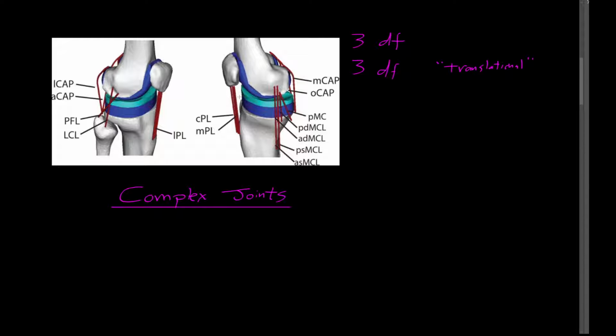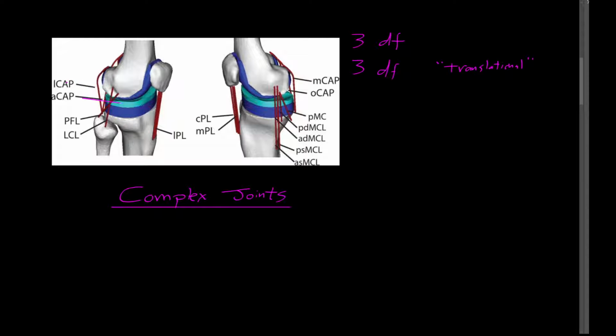So the knee can flex and extend about the axis here, and that's the major motion of the knee. It also internally and externally rotates a little bit. It can even adduct and abduct, rotating about an axis of rotation like this.